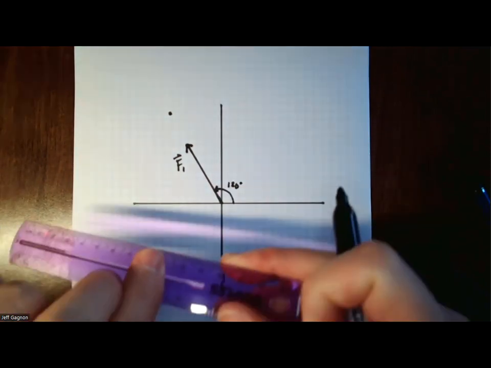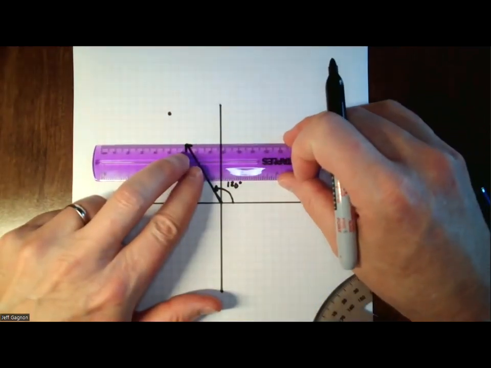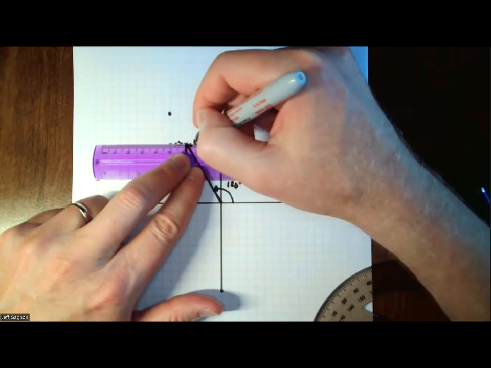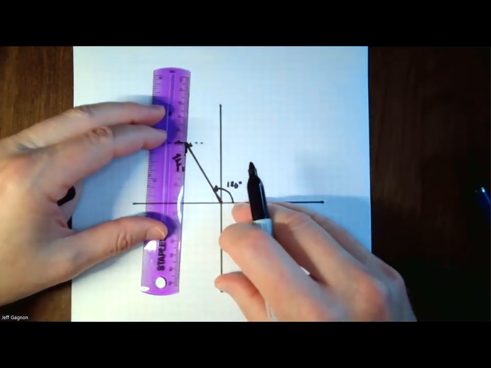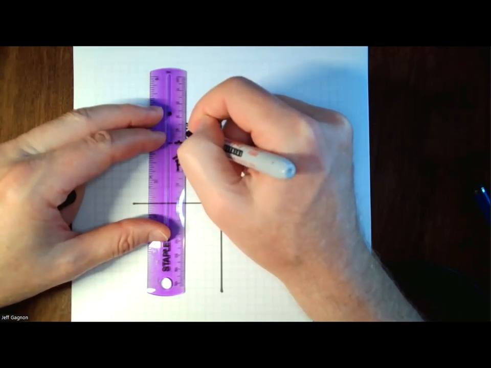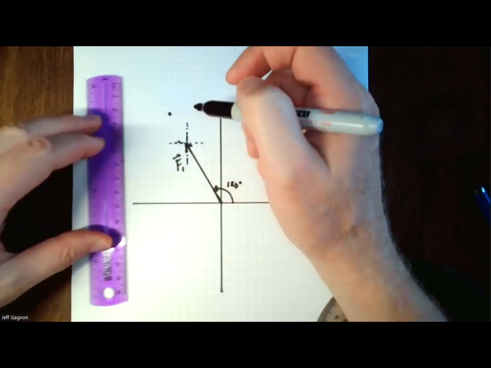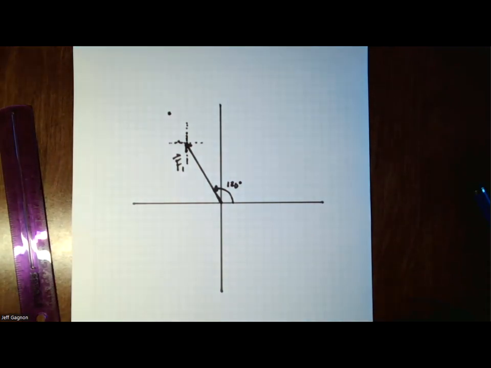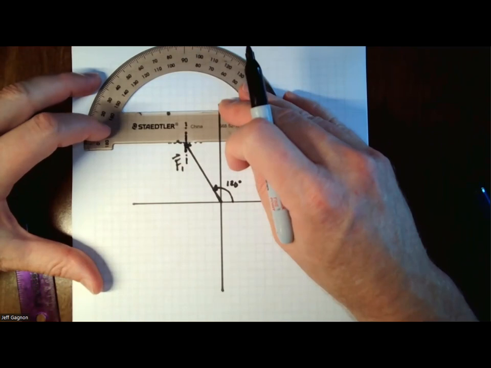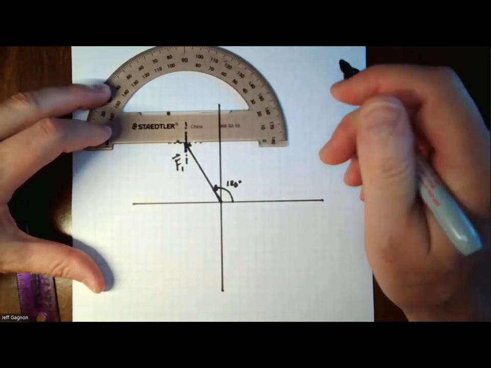Okay, then I draw a new coordinate system. I'll just dash it in here at the tip of F1. Something like that. And I want my new vector F2 to be at 0 degrees, right? So that's just going to be to the right in this case, directly to the right.